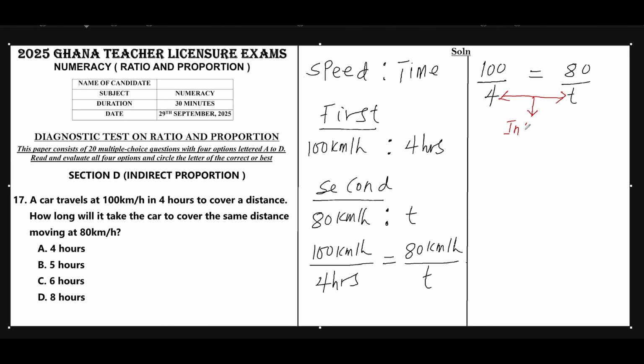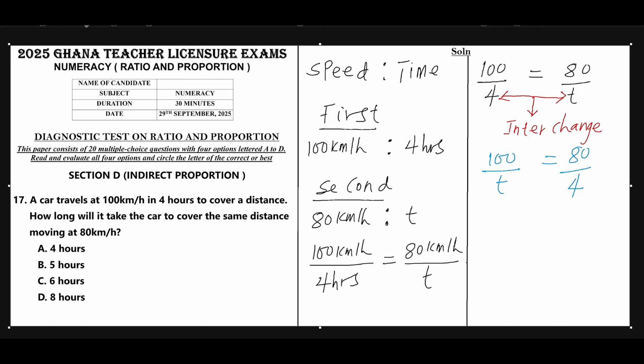So I'm going to interchange the denominators. So we have a new set of equations. So we have 100. Now instead of 4, because we are interchanging, we have t at the denominator. We still have our 80. Then in place of t, we substitute 4.